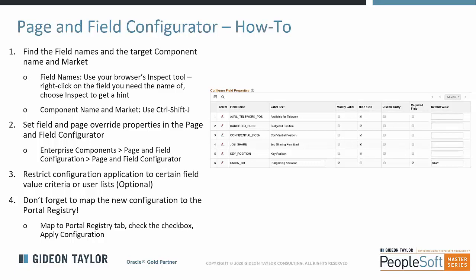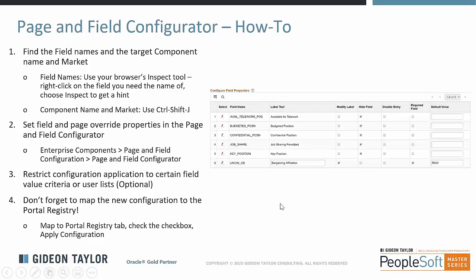And then you can add the fields that you want to adjust and make the adjustments that you're interested in. You can apply criteria to further restrict what users can do, including adding user lists to restrict which users are going to see the alternate displays that you're creating. And then finally, you're going to map all these changes to portal registry, which is really easy push-button configuration.